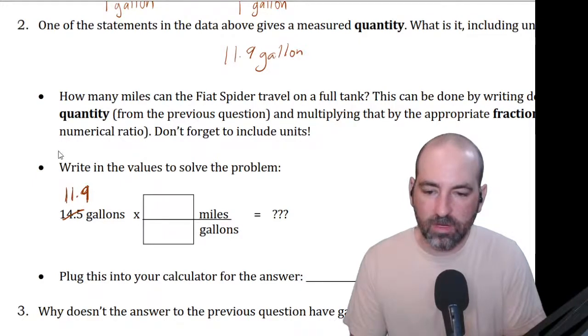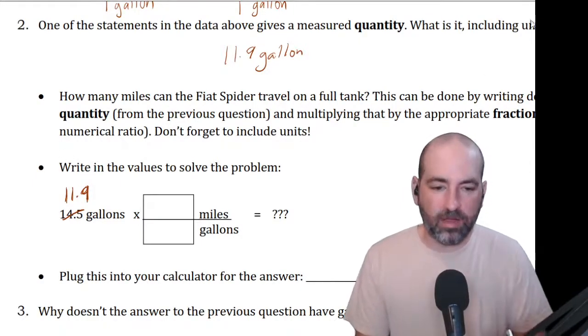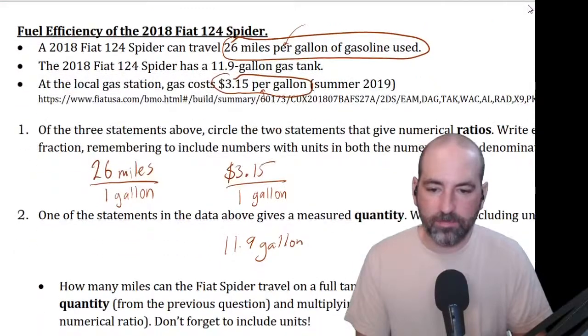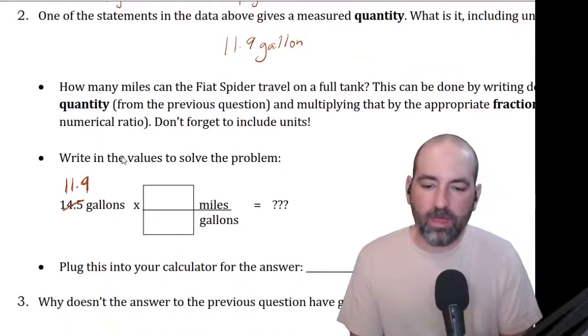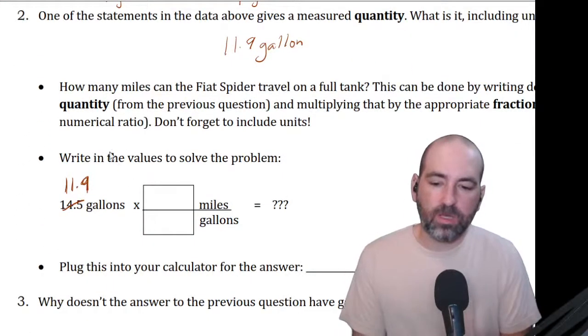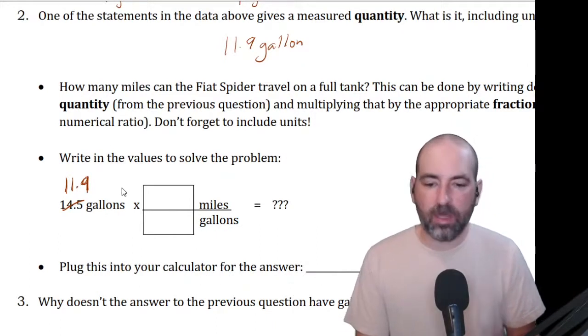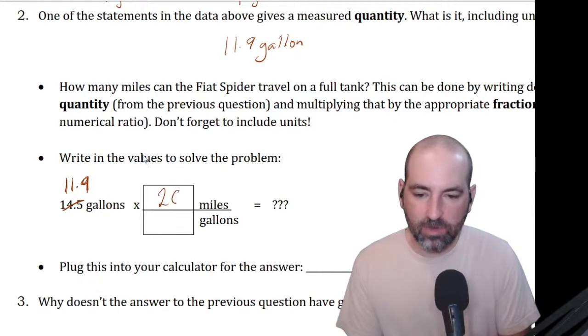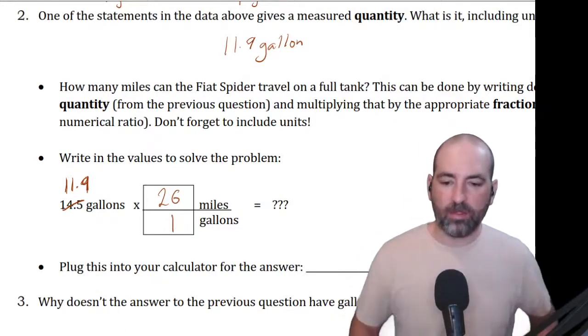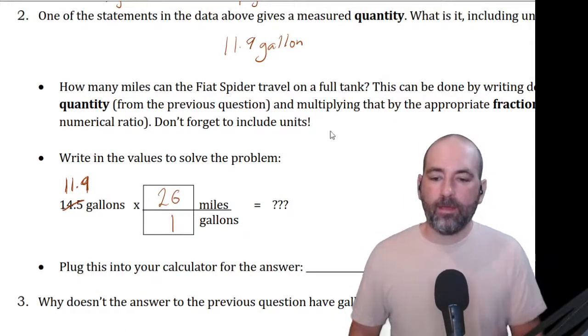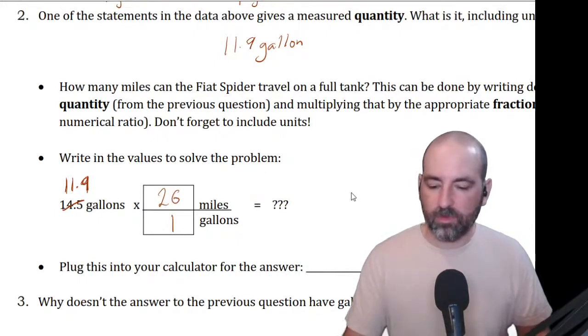We've gotten confused there, sorry. That should be 11.9 gallons. That's what we got from the information up here. And then we can multiply that quantity by the ratio that relates miles and gallons. In this case, that's 26 miles per 1 gallon. And then we can use a calculator to find that answer.